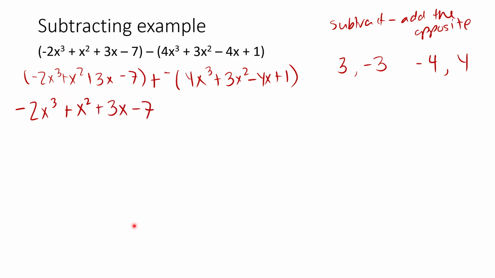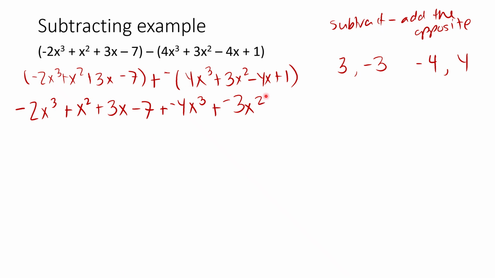And now I'm going to add the opposite of all of that stuff. So the opposite of 4x to the third is negative 4x to the third. The opposite of 3x squared would be negative 3x squared.